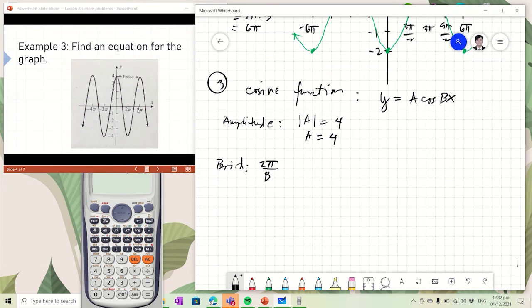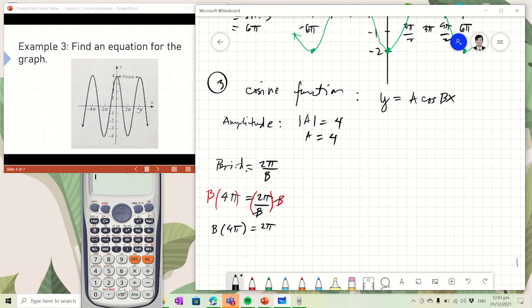So, in other words, period is 4 pi. And hanapin na lang natin si b by isolating it. So, siguro multiply both sides by b. If you multiply both sides by b, you will get b times 4 pi is equal to 2 pi.